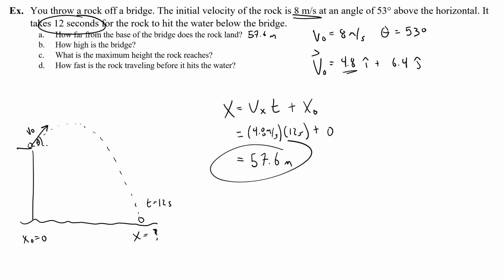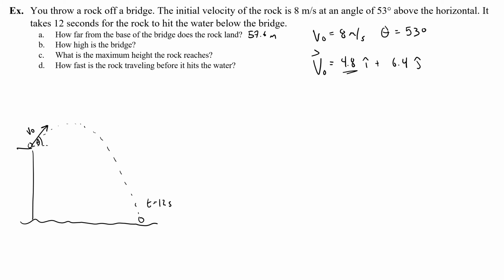57.6 meters. Okay, well, let's do part B. How high is the bridge? Okay, so this is asking you to set the final y position to 0, or the final height to 0 at the water, and then work backwards to figure out what the initial position is.